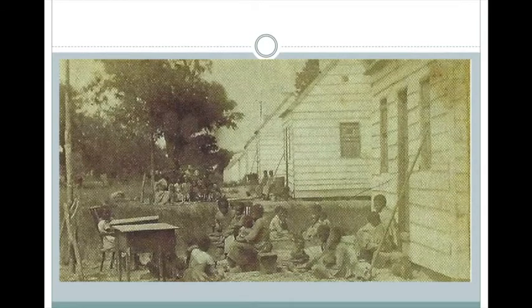As for the conditions of slave life, American slaves, as compared to their counterparts in the West Indies and in Brazil, enjoyed a better diet, low infant mortality rates, and longer life expectancies. And the reason for this is the paternalistic idea of Southern slaveholders, meaning they felt they had to take care of their slaves in order to protect their investment.